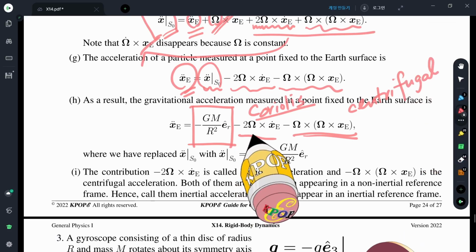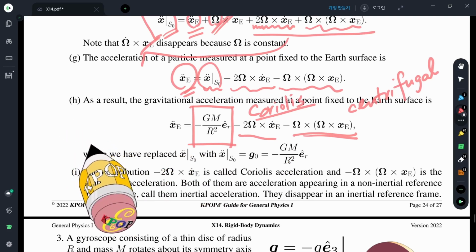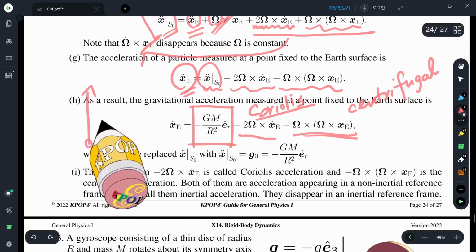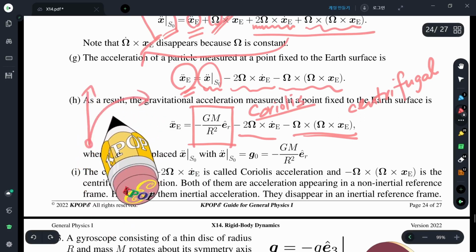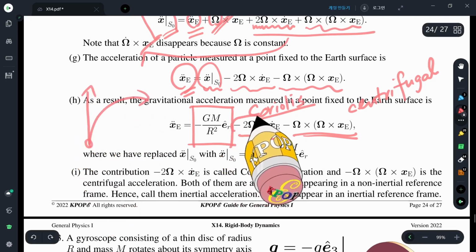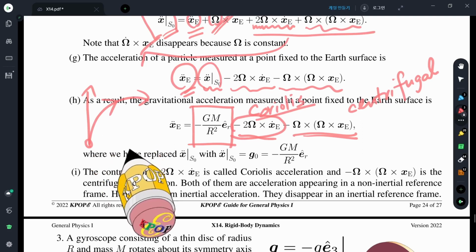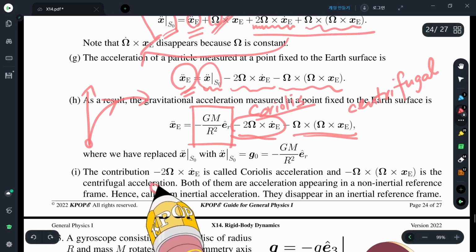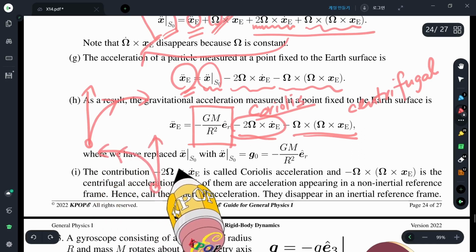The Coriolis acceleration gives, in the northern hemisphere, that something moving forward does not go straight; instead it goes to the right, because minus omega cross this one gives this direction. In the southern hemisphere, it turns to the left.